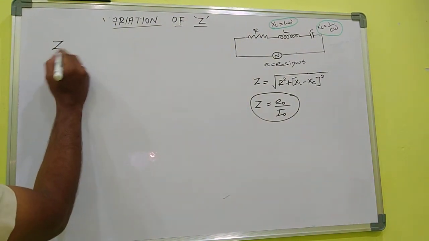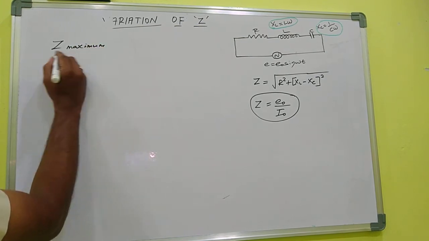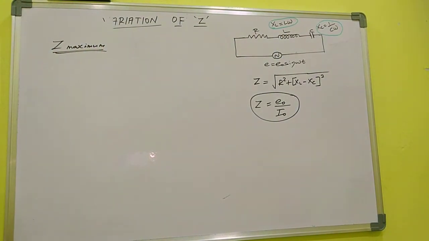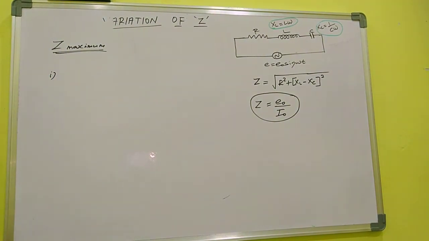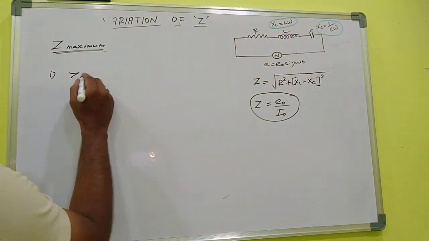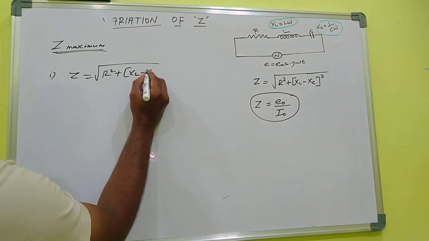When Z becomes maximum, this will happen in two cases. First, case number 1. In case number 1, we can use the expression R square plus XL minus XC the whole square.